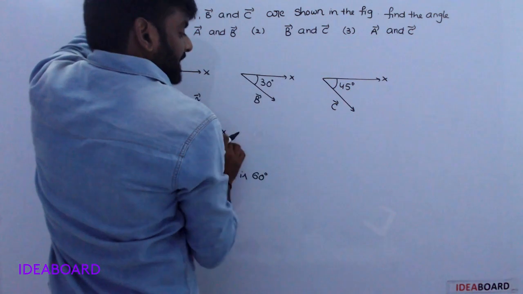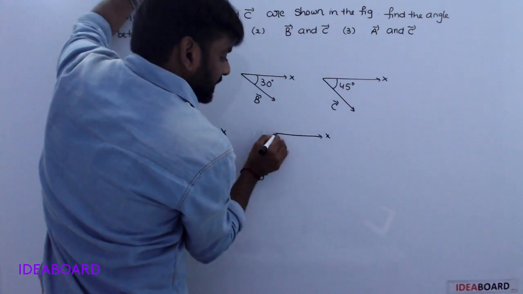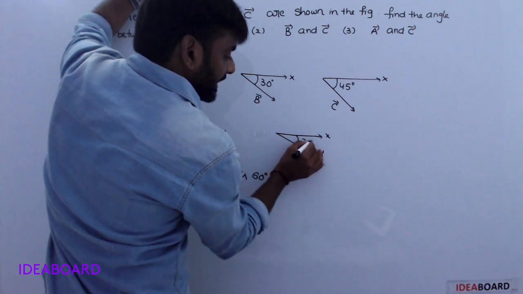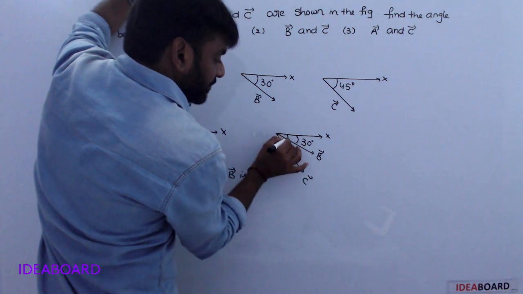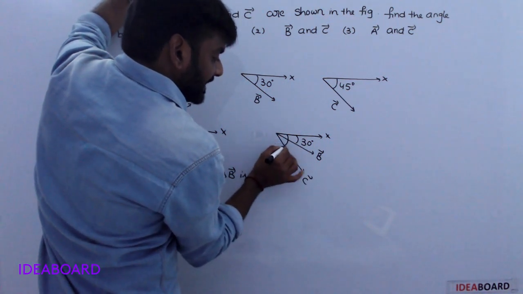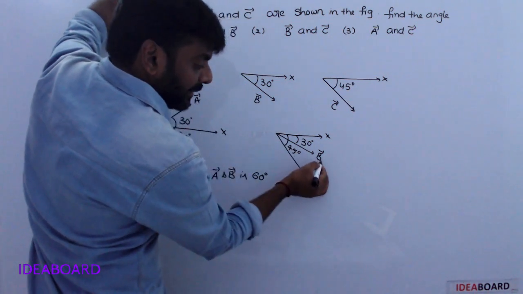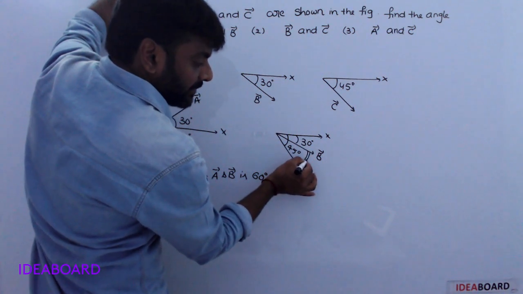Next, B bar and C bar. It is the x-axis. This one is B bar, 30 degrees. This one is C bar with the x-axis, 45 degrees. Okay. What is the required quantity in between B bar and C bar? That means it is the required quantity.